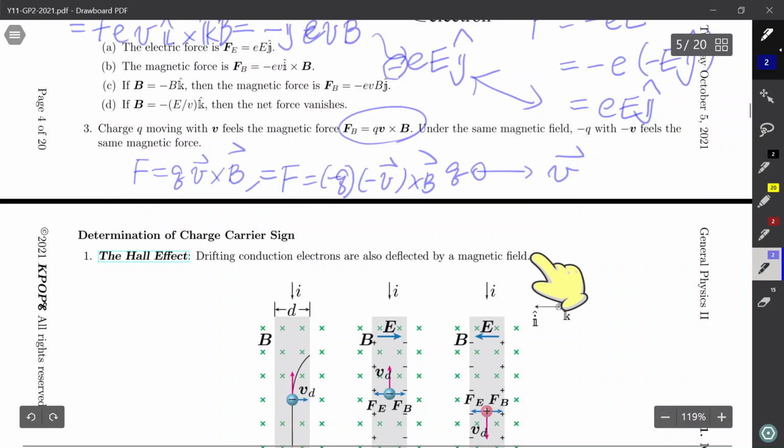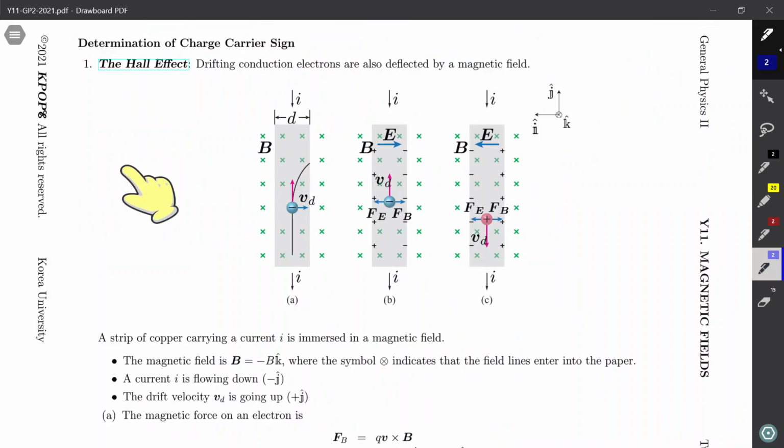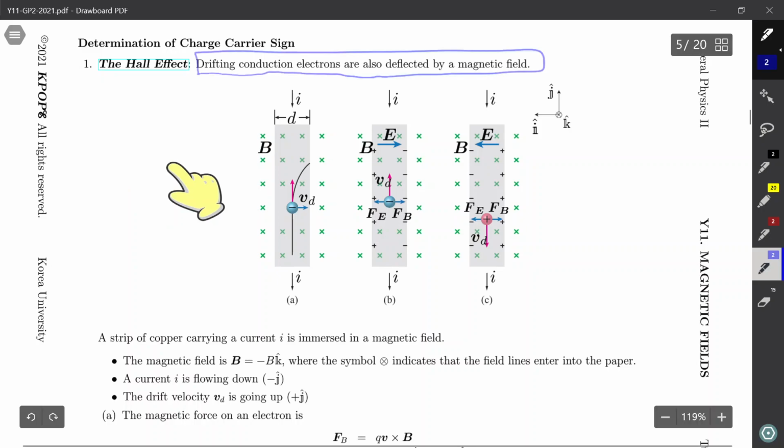Next, we consider the determination of charge carrier sign. This is called the Hall effect. The Hall effect is that drifting conduction electrons are also deflected by the magnetic field. A strip of copper carrying a current I going down is immersed in a magnetic field.